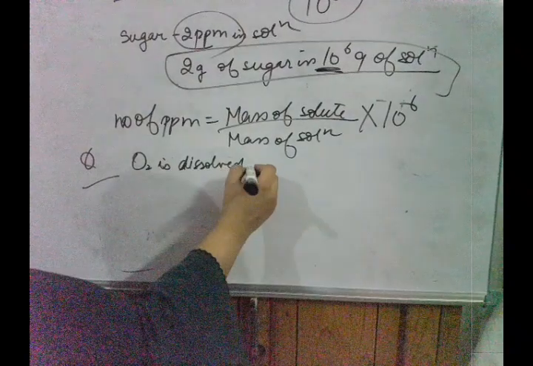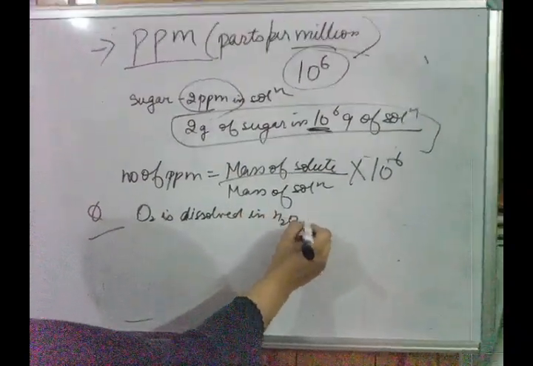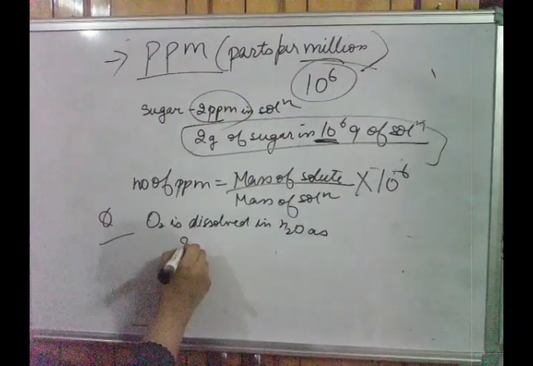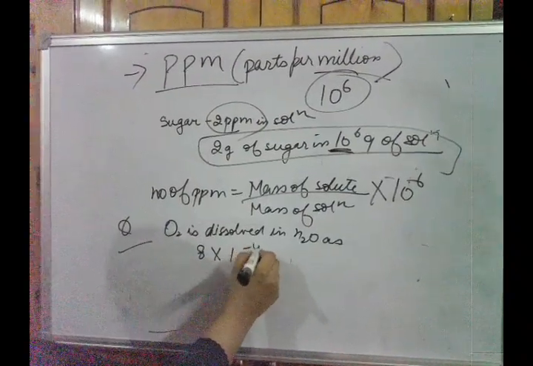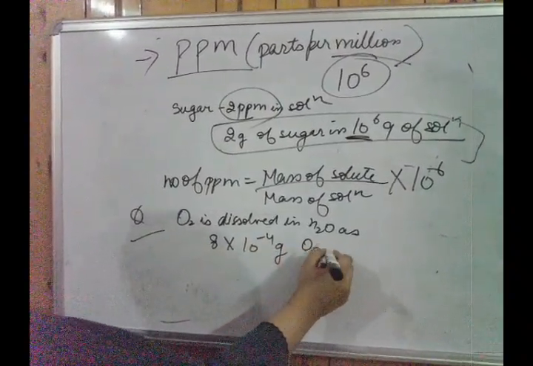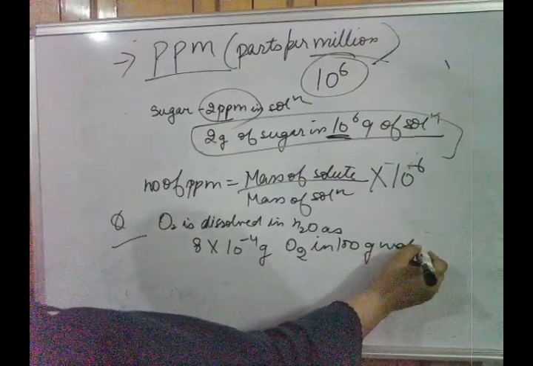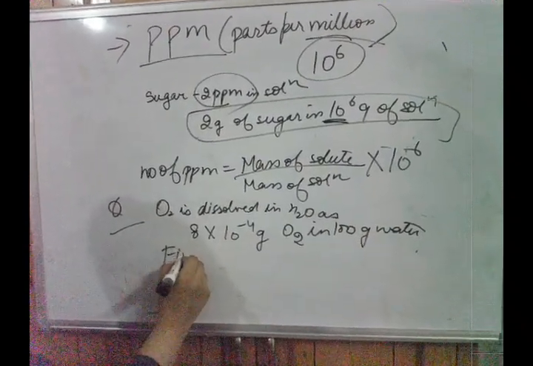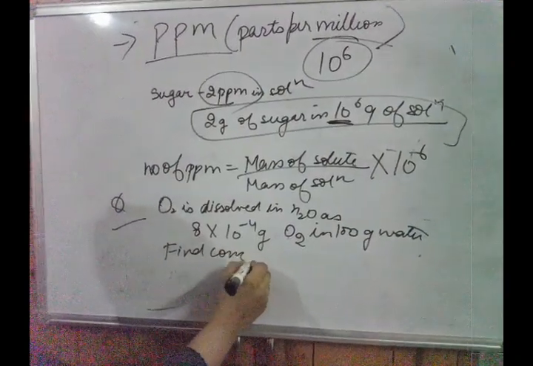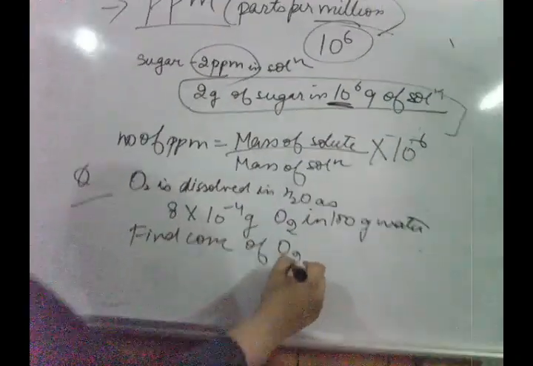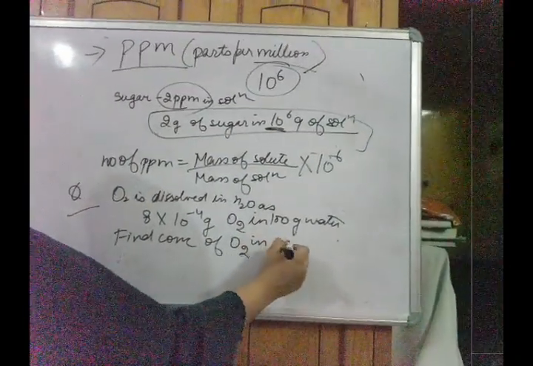Oxygen gas is dissolved in water as 8 into 10 raised to the power minus 4 grams O2 in 100 grams water. You have to find the concentration of oxygen in ppm.